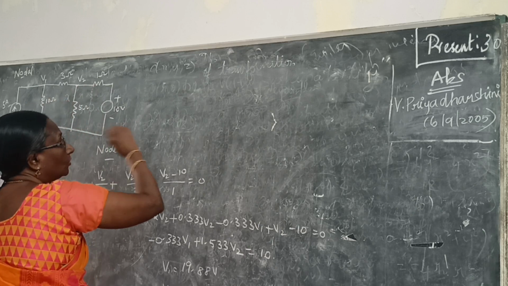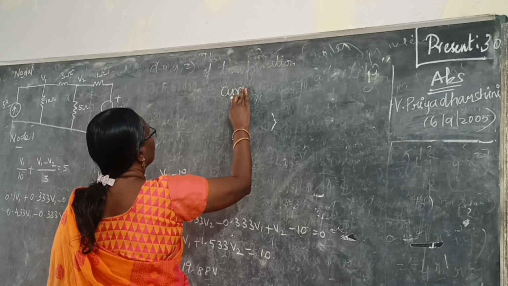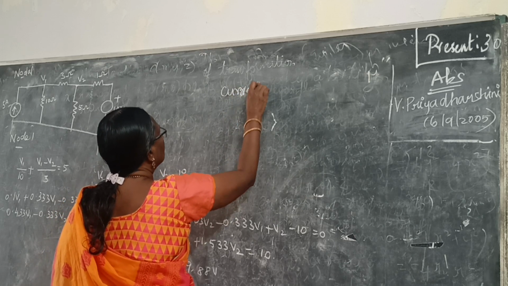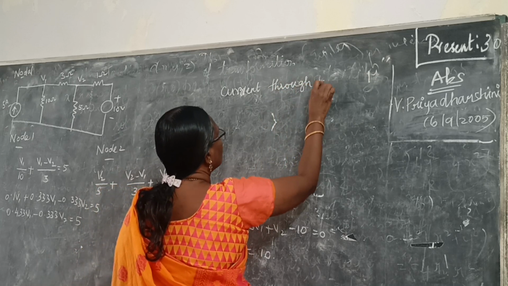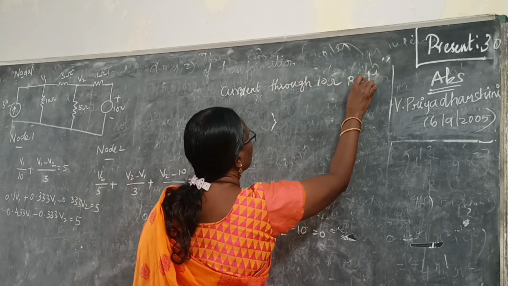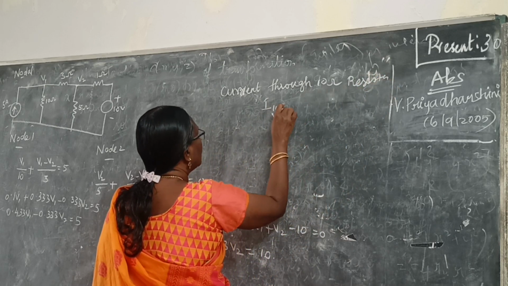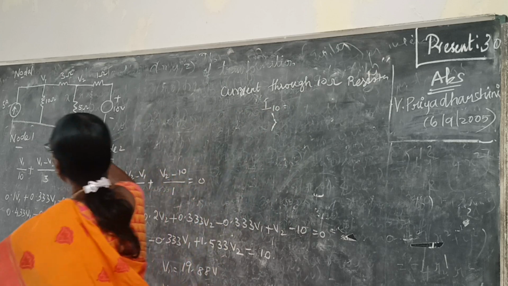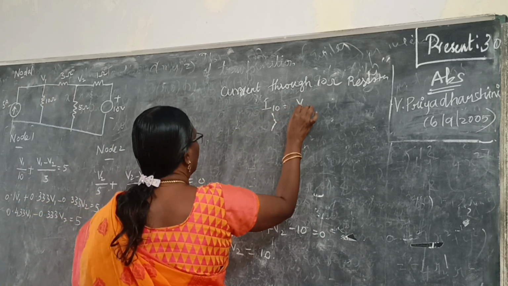What about the current through the 10 ohm resistor? Current I10 is equal to, what about the voltage here? V1, isn't it? V1 by 10.